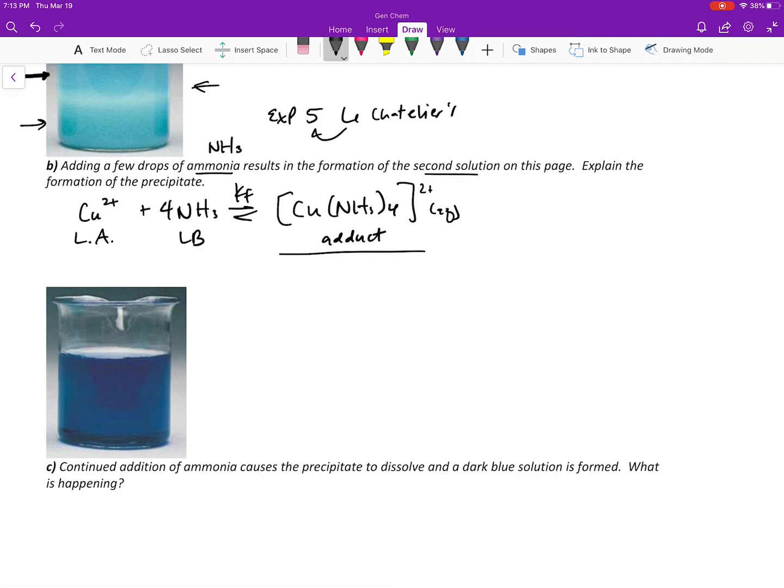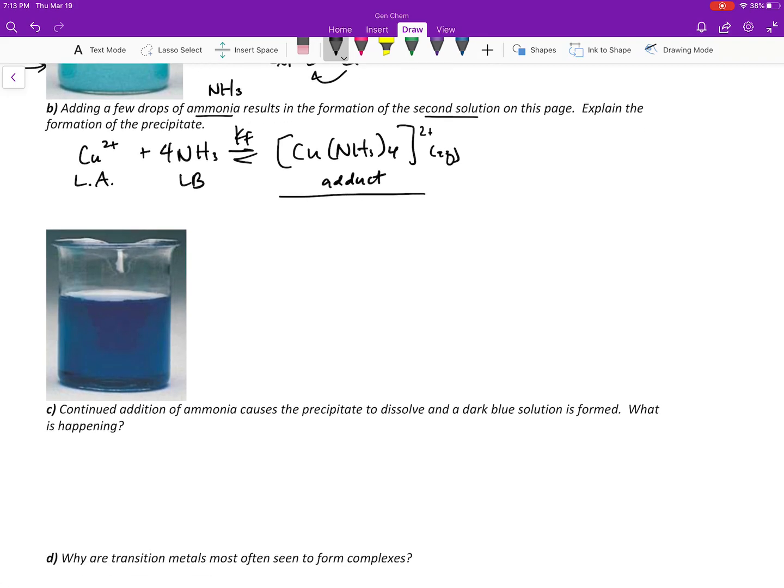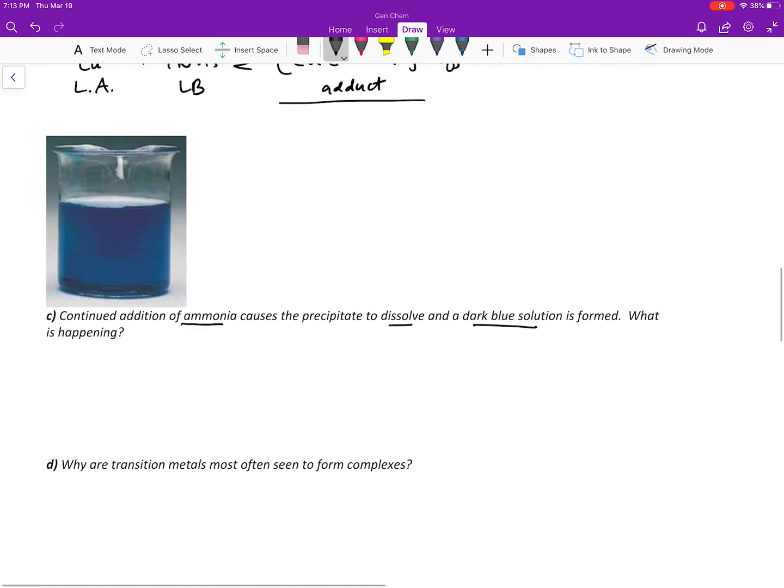All right, so now at some point, if we continue adding the ammonia, eventually the precipitate will dissolve and a dark blue solution is formed. And so what is happening here?